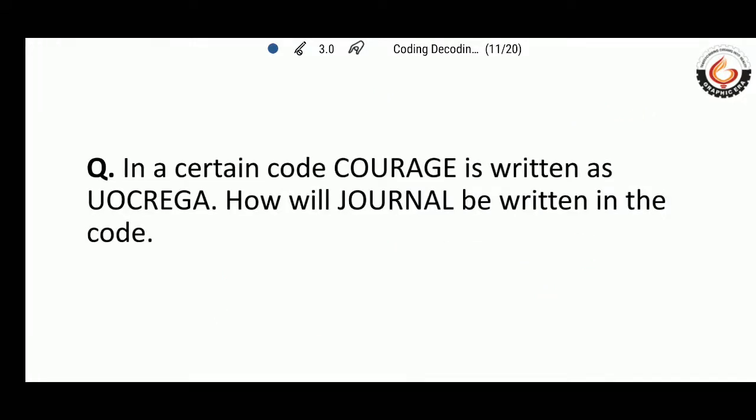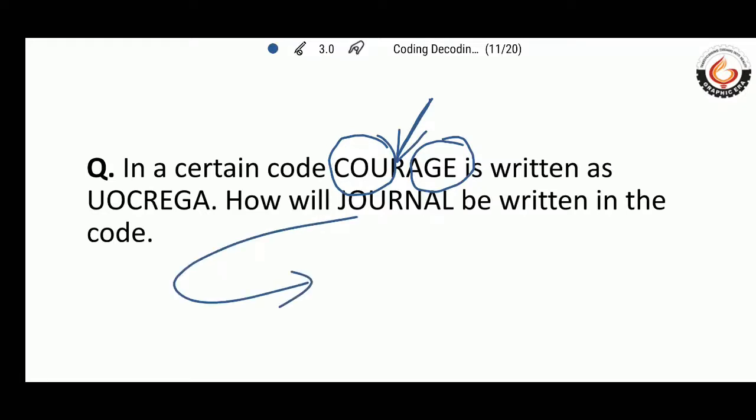Next one. In a certain code, COURAGE is written as UOCREGA, and how will JOURNAL be written in the same code? Now it is somewhat like a reversal of letters, and what I could say is it is not complete reversal. It is reversal of COU, reversal of AGE, and the center one remains at the same place.